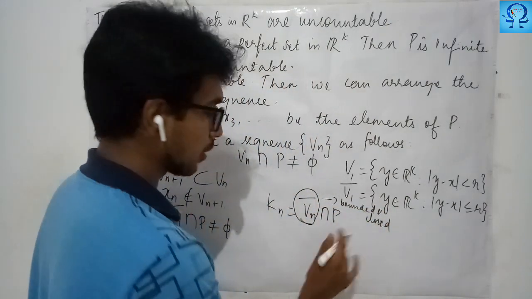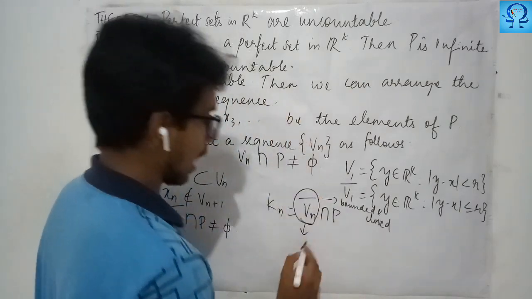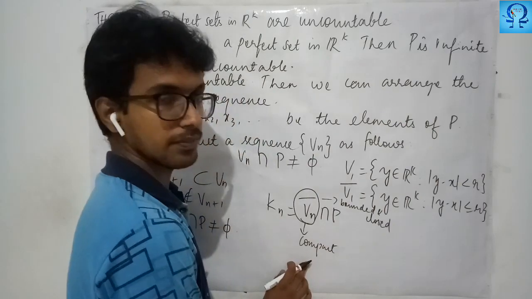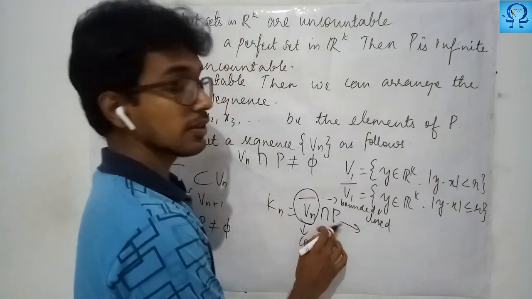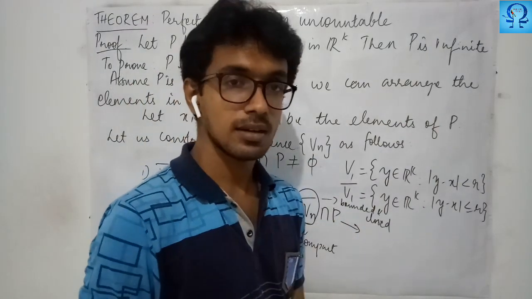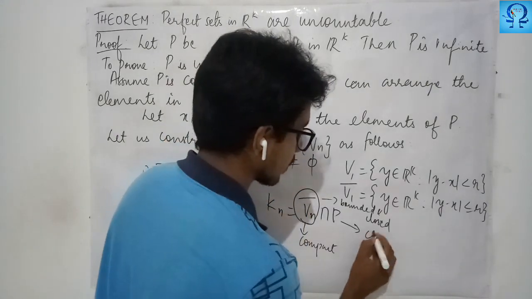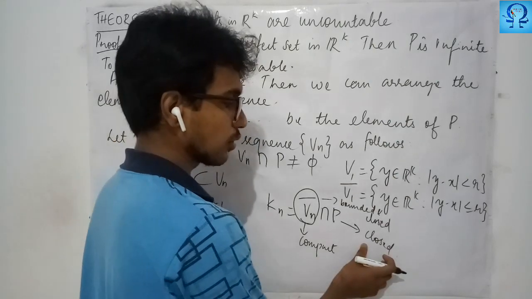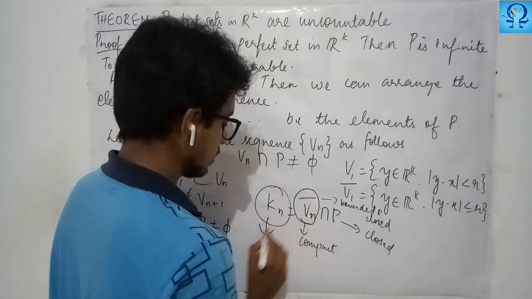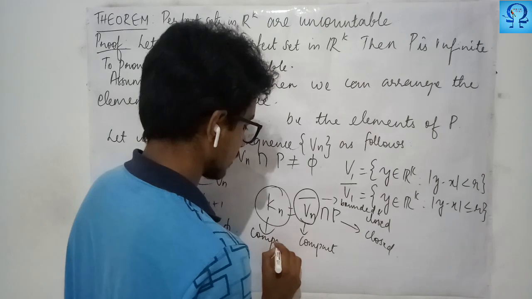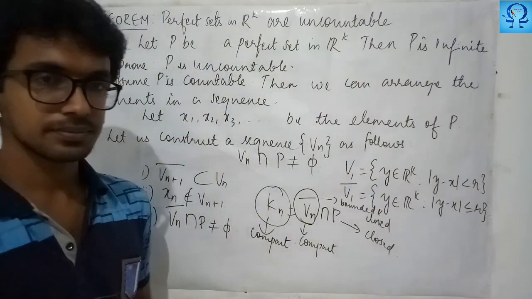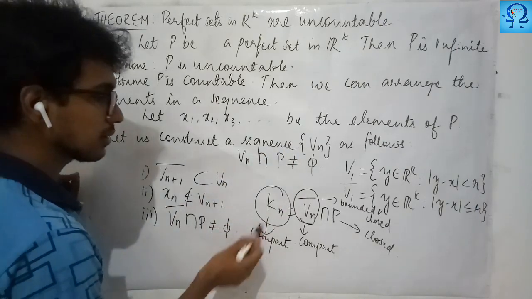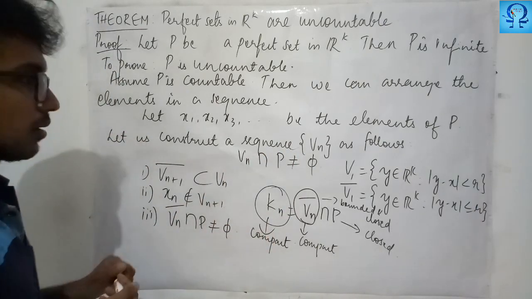When the set is both bounded and closed in Rk, using the Heine-Borel theorem we may say it is a compact set. P is given to be a perfect set, which by definition is a closed set. Here we have the intersection of a compact set and a closed set, which means this set is compact. So for each Vn you can associate some Kn.